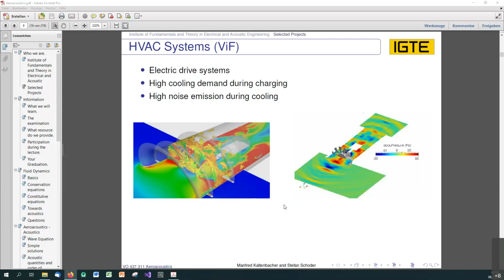Usually all noise sources related to turbulence are more broadband, whereas noise sources related to discrete vortical structures, like whistling, are tonal. Whistling is a special phenomenon where you have a jet impinging on a cutting edge.